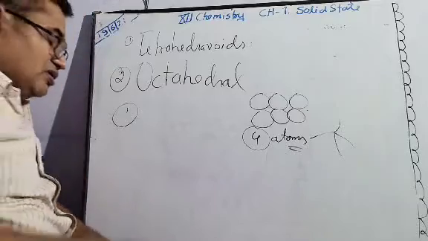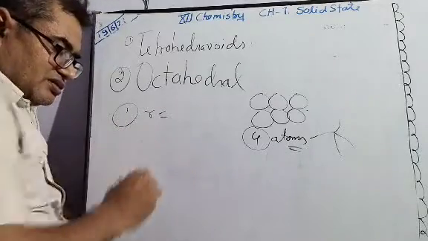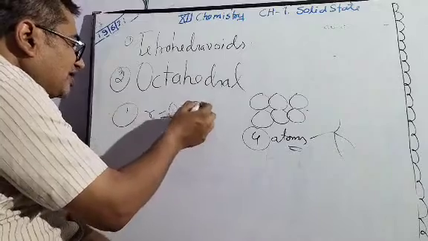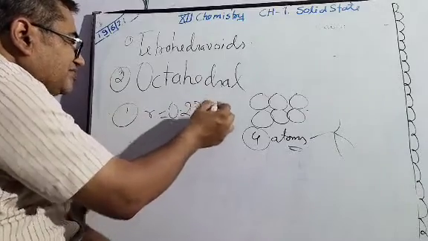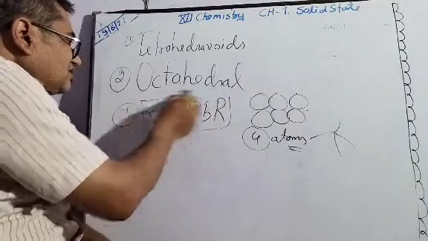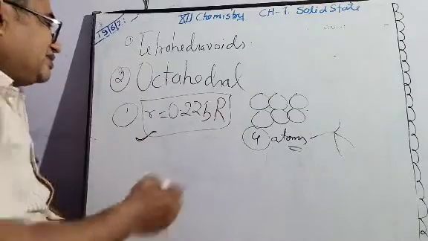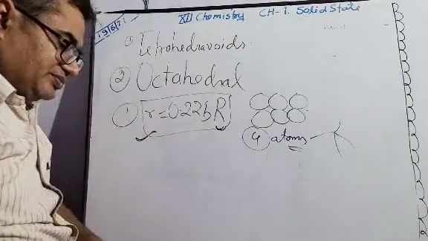So the small r is always equal to 0.225 capital R. This is the tetrahedral void radius, and capital R is the radius of the atom.